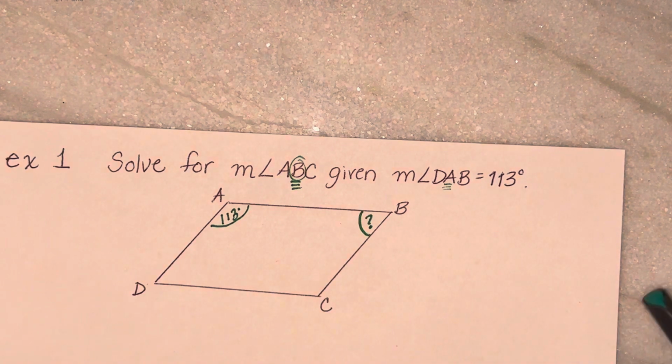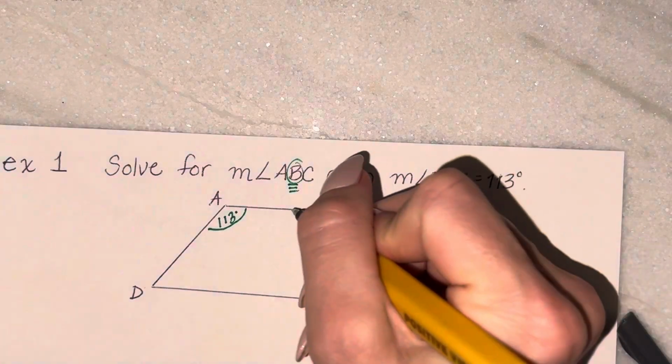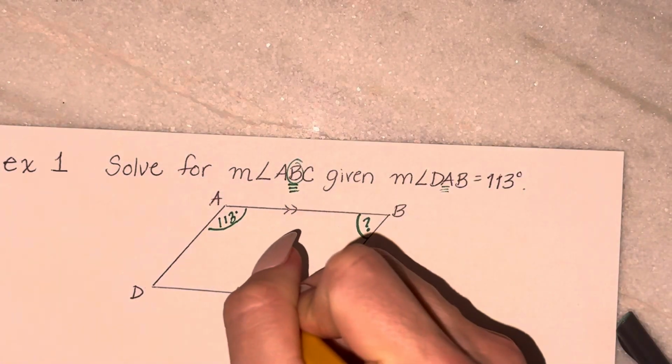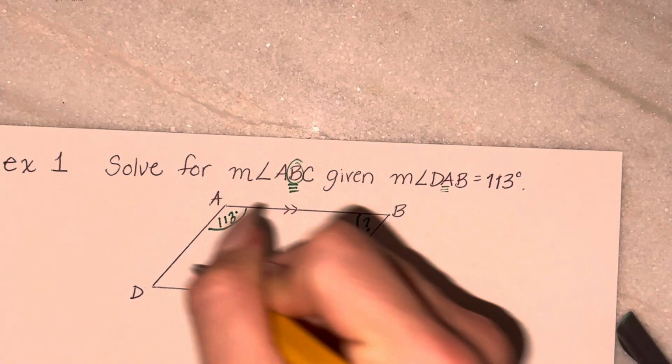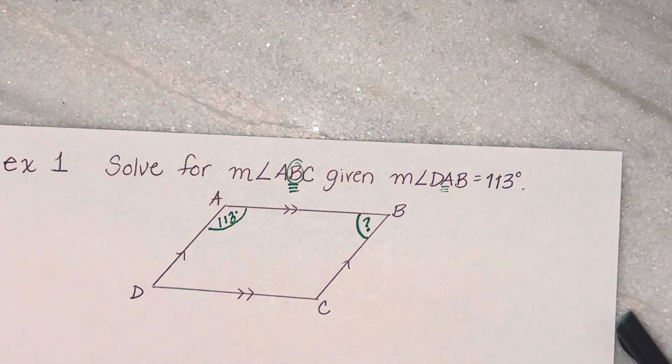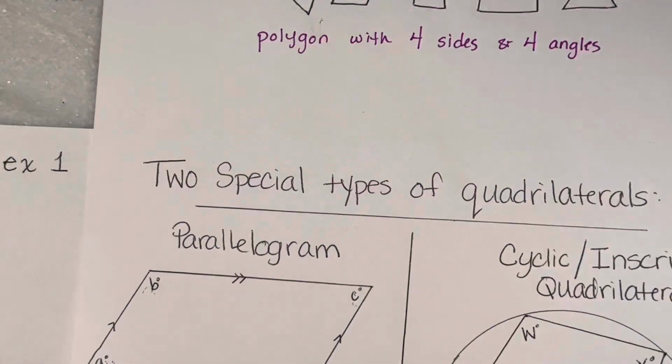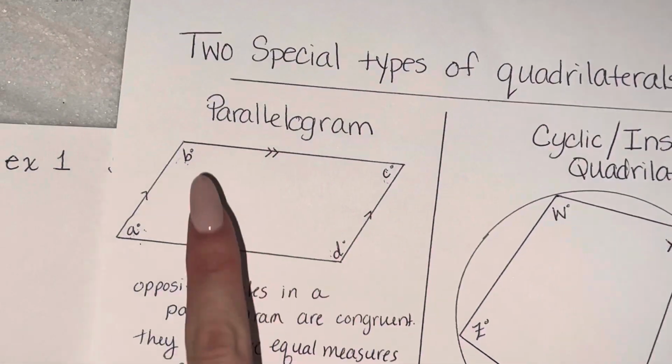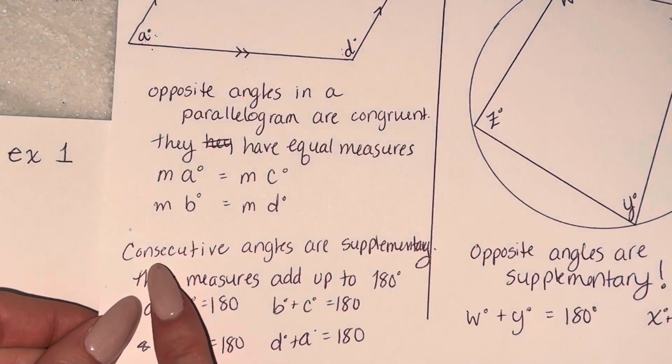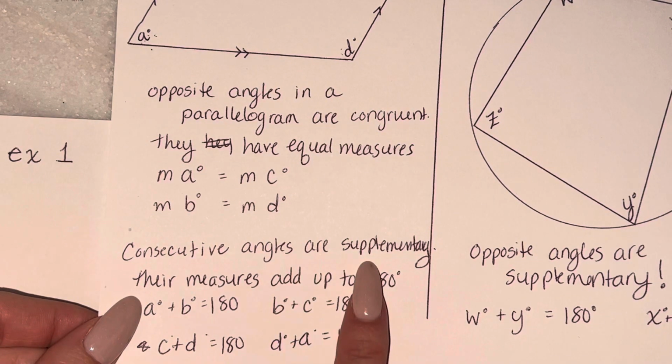Oh, I apologize. I forgot. This problem is supposed to have little arrows to show you that it is a parallelogram. Sorry about that. So it is a parallelogram. We can see there's no circle around it. So we're going to use the rule for our parallelogram, and we're going to use our rule for our consecutive angles. So consecutive angles are supplementary.